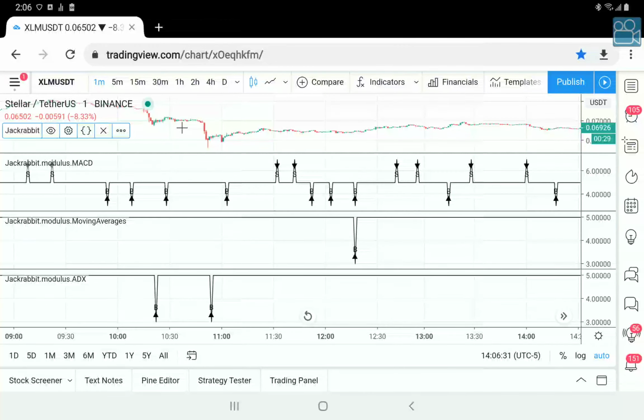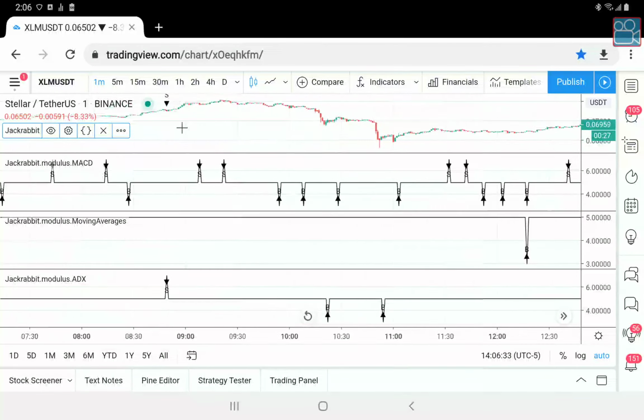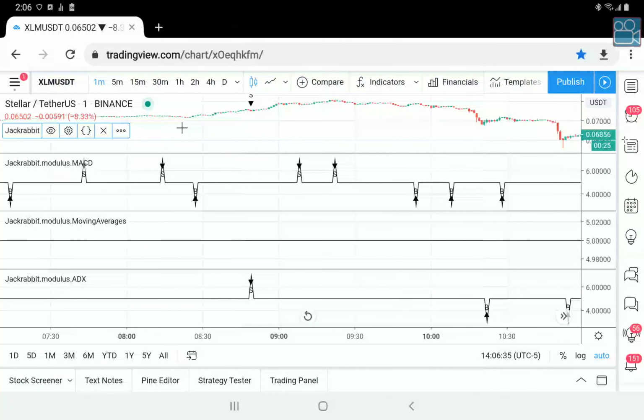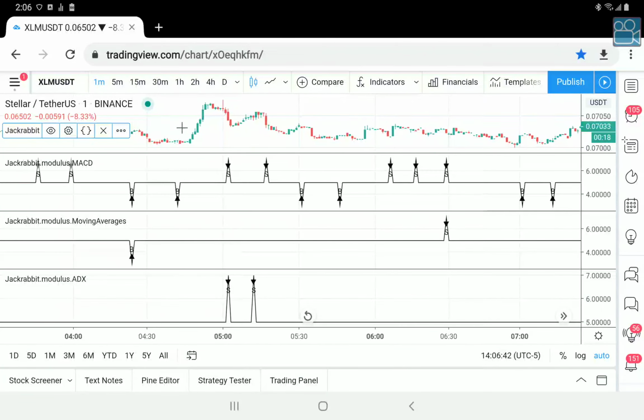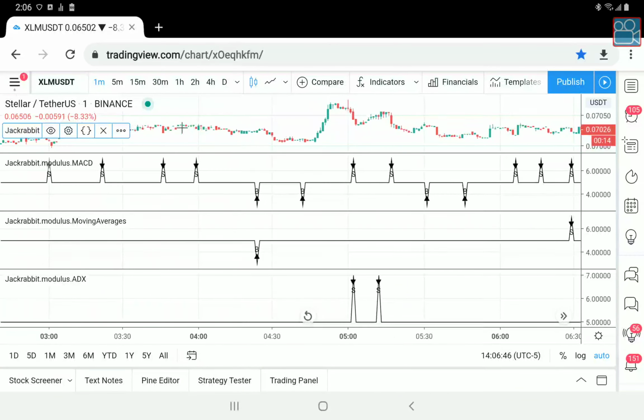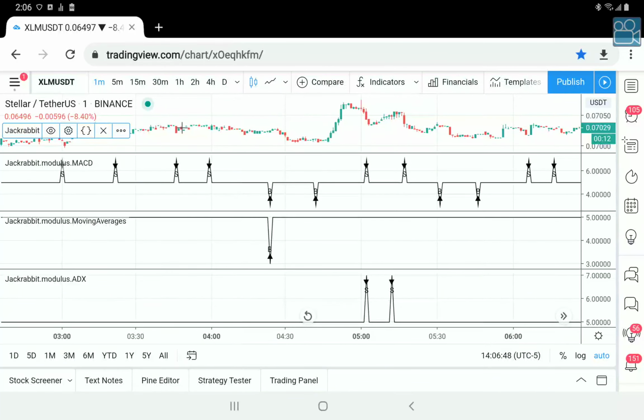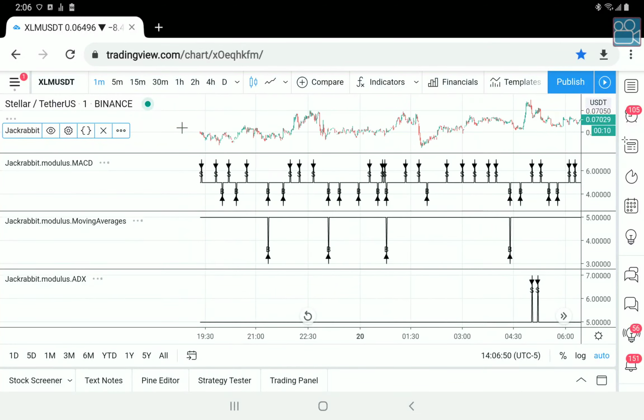Just because a moving average looked good when we first looked at it, you might have to rearrange it. So those are all things you need to look at.